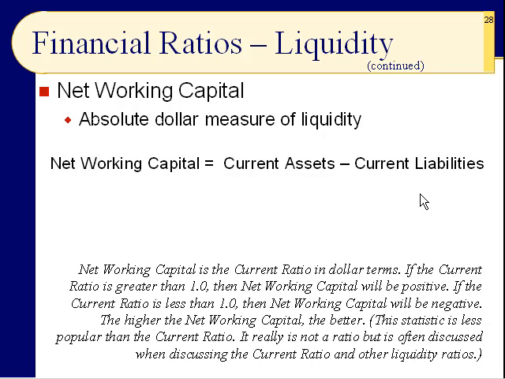So, obviously, it's telling you how much cash above and beyond their liabilities they have. And you don't really hear too many people talking about this unless the company needs a significant amount of cash to do something in the near-term future.